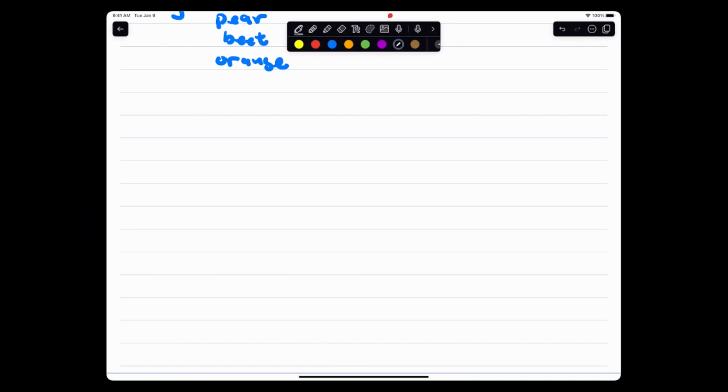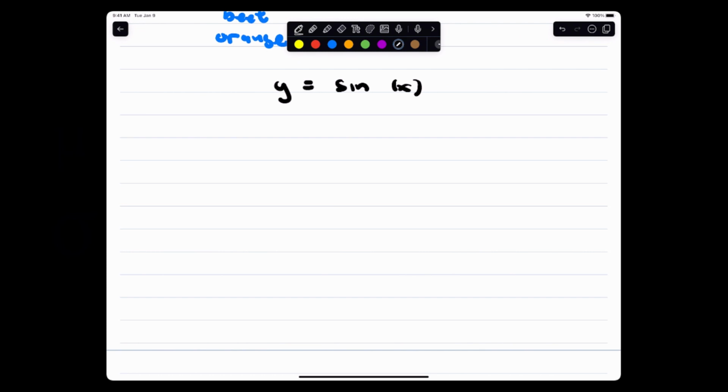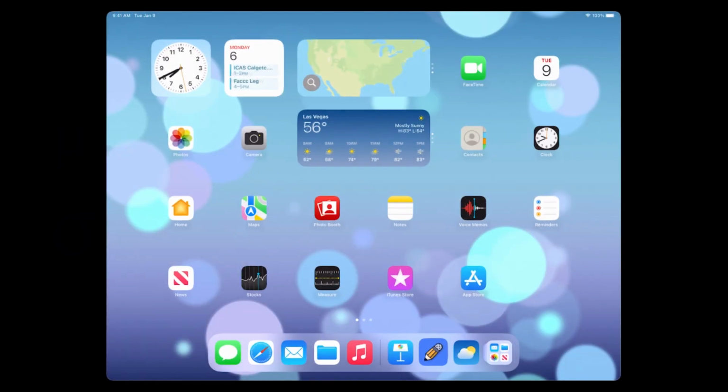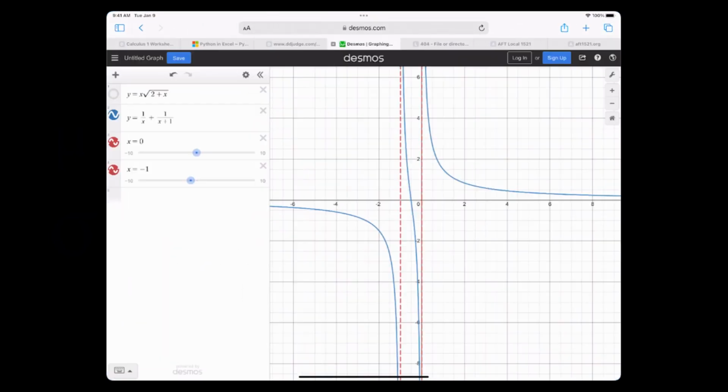Now you might say, what's going on there? Well, I'm going to take the sine curve. A lot of times, we write the sine curve here. If we go to Desmos, I've got some Desmos work here.